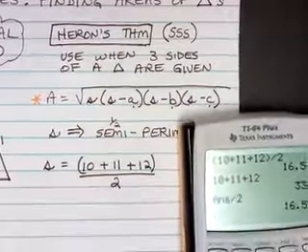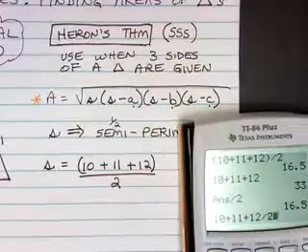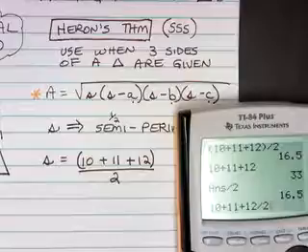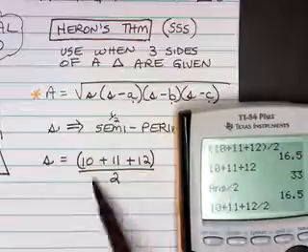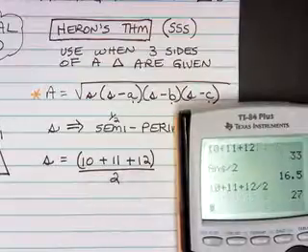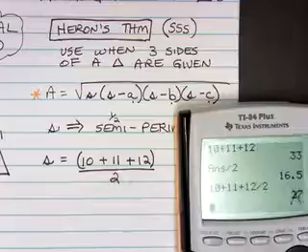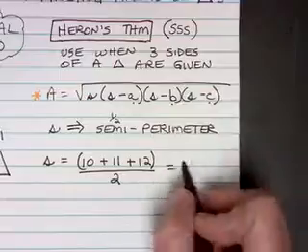The biggest mistake that students make when they're finding the S, or the semi-perimeter, is they take 10 plus 11 plus 12 and they divide by 2 here. If you're doing this, the calculator is only dividing the 2 into the 12, and that's not what you want. You want it to divide the 2 into the entire numerator of this fraction. When you do this, you get a 27, and of course that is not our semi-perimeter. So our semi-perimeter is 16.5.